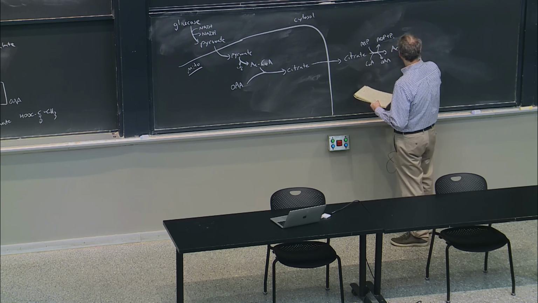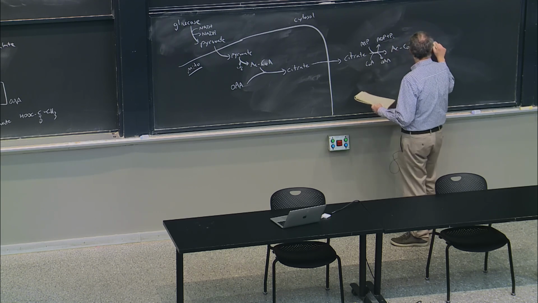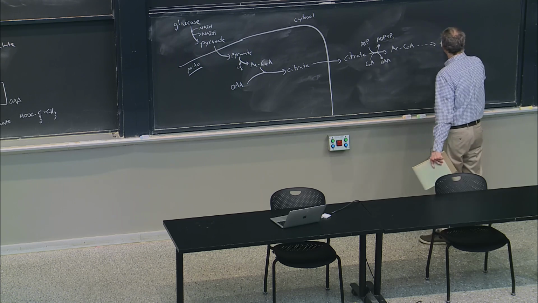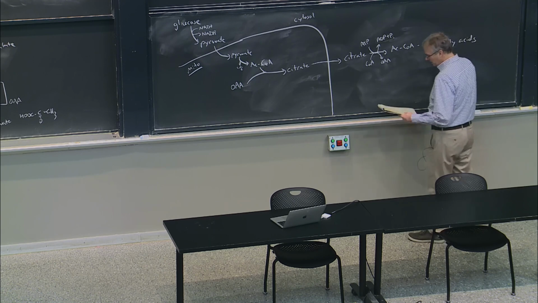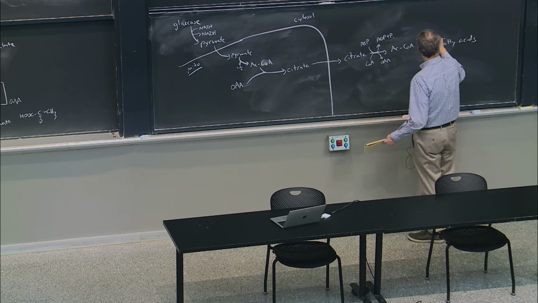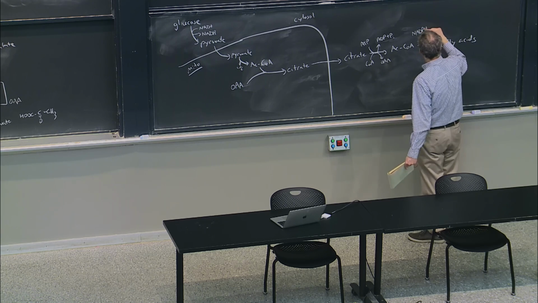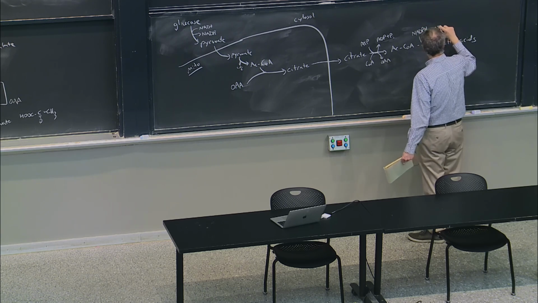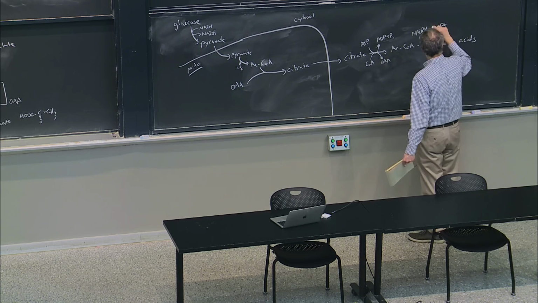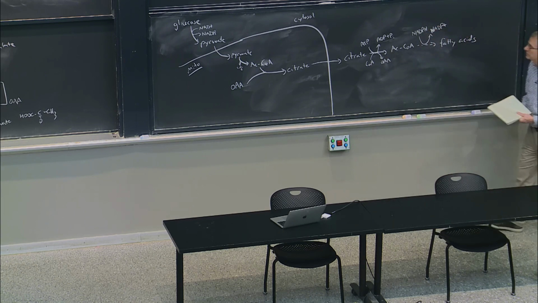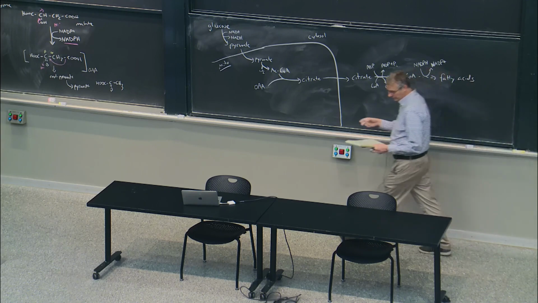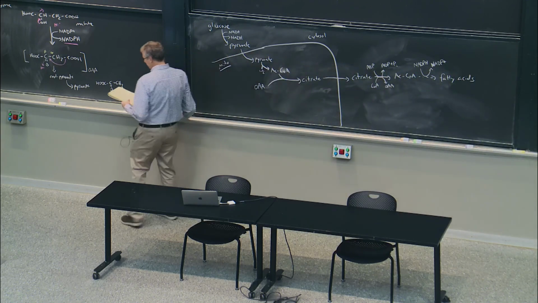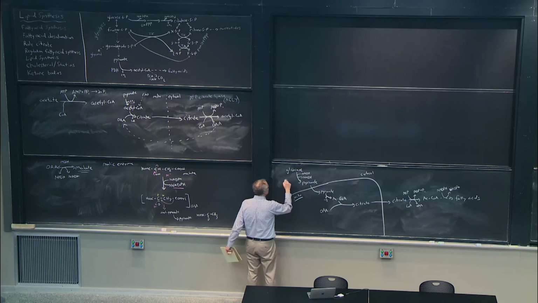Now I have acetyl-CoA in the cytosol and can use that to generate fatty acids. And of course, that requires NADPH as reducing power to make those fatty acids. Okay? So, a series of reactions that you've seen many, many times.